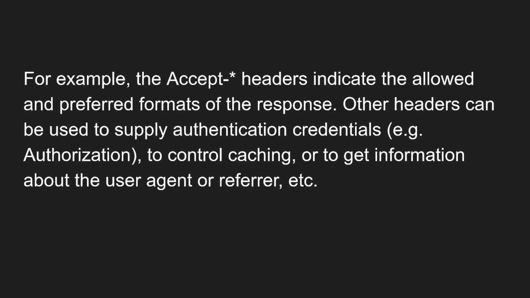Other headers can be used to supply authentication credentials. So you can also have other types of headers which provide authentication, so that the client is telling the server that it has access. For example, Authorization. To control caching you also have headers, or to get information about the user agent or referrer, etc. So these are all the different types of request headers we will have. Accept headers tell what type of response the client will accept.